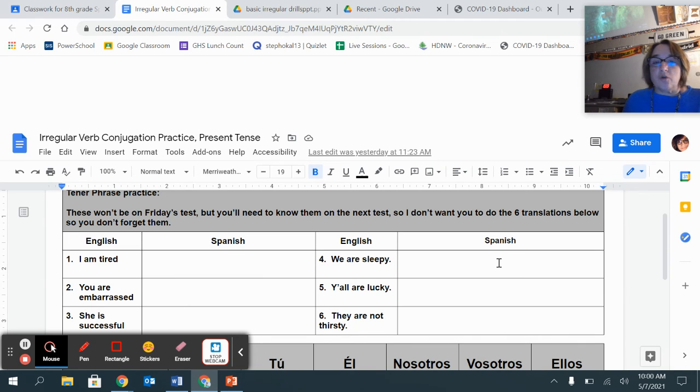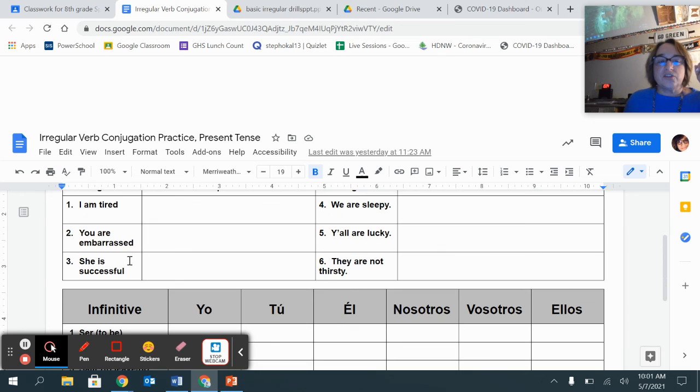As I corrected your homework from last week, many of you are missing the point of tener being the verb that you conjugate in the tener phrase. If it says, I am tired, even though you're hearing am, is, or are, you do not use ser or estar. You conjugate a form of tener. So I am tired is the verb tener sueño. So I'm going to conjugate tener for I, tengo sueño. Tengo sueño. I'm tired. So you're doing those 6.